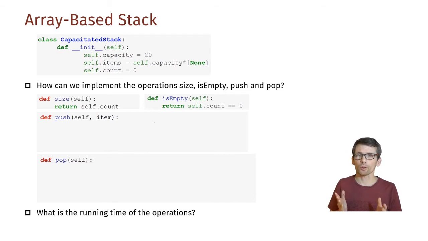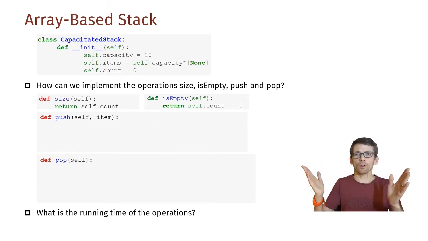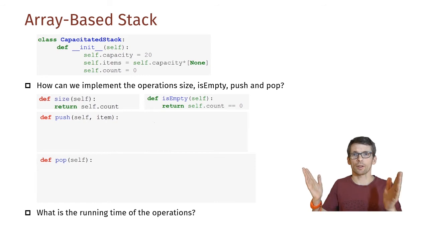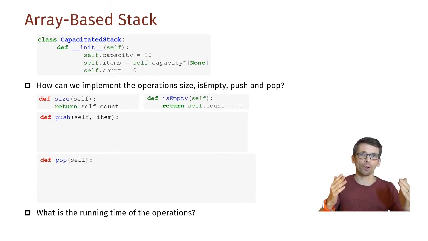If I want to push, in principle, think of initially count being 0. The first element that I want to push, I want to place at position 0. So I'm going to place the element at the index which is my count, and then I'm going to increase count by 1.